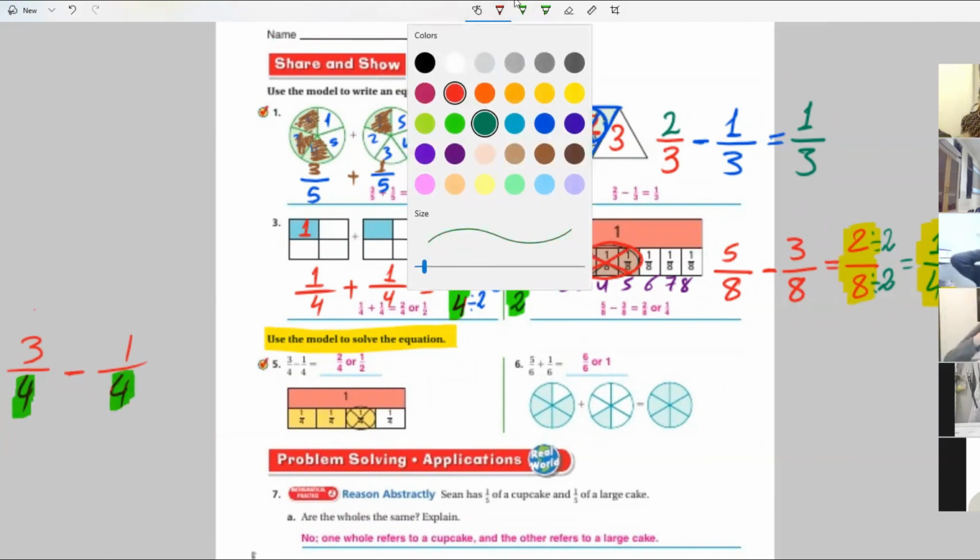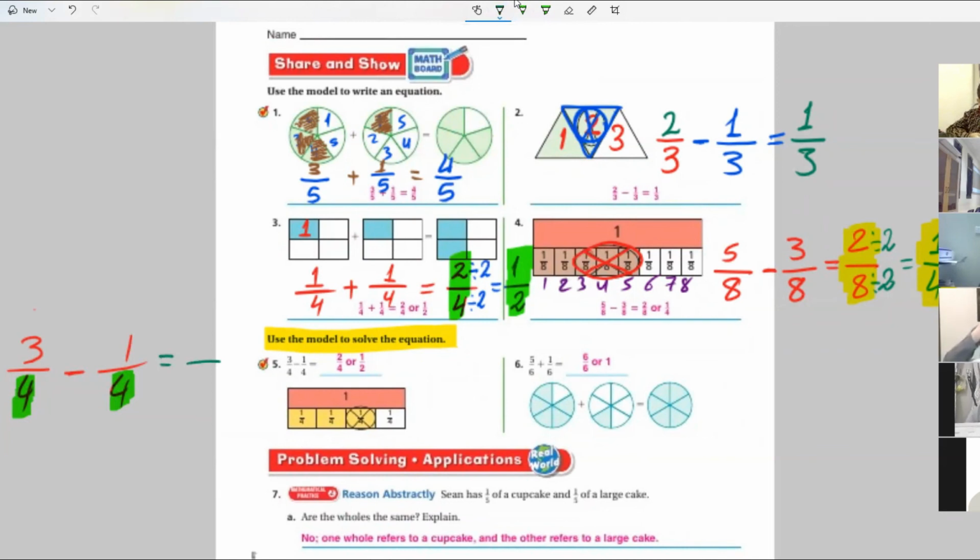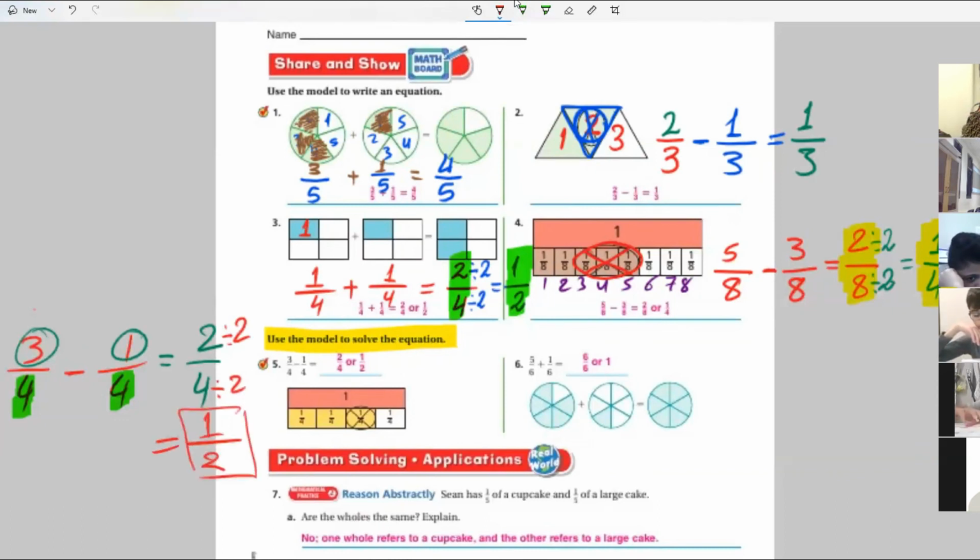So let's subtract it, put it as the same, and 3 minus 1 equals what? 2. Can we simplify it first? Yes, because 4 is in the multiplication table of 2. So what are we going to divide by here? 2. So 2 divided by 2 equals 1, and 4 divided by 2 equals 2. So that's our answer. So it will be 1 over 2 or 2 over 4.